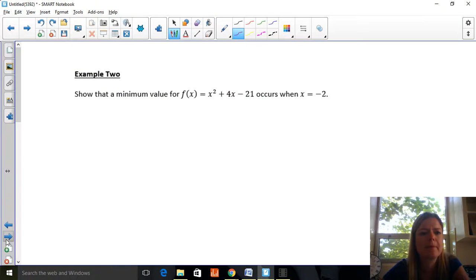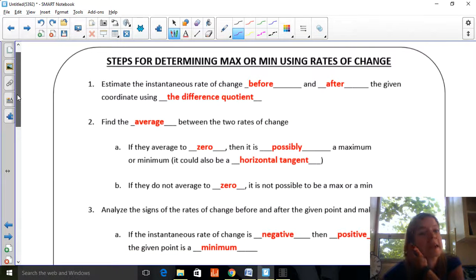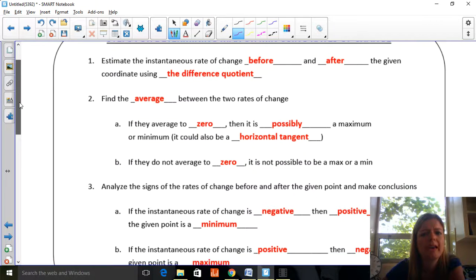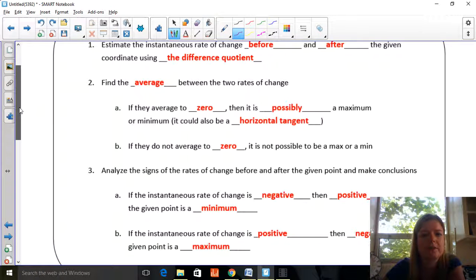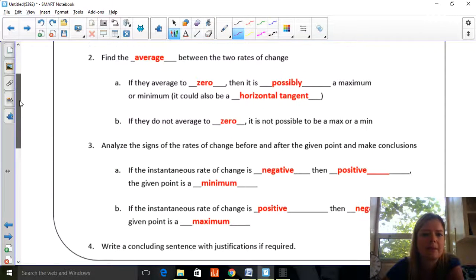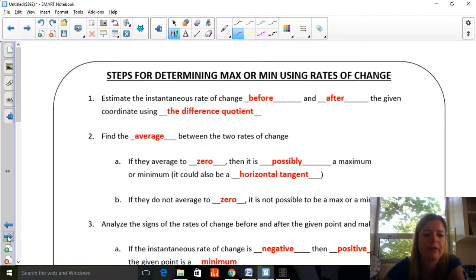So I'm going to do example 2 on a separate video. What I want you to do now is skip ahead and read through these steps for determining max or min using rates of change. These are steps that we just did. So make sure that you understand them and relate them back to the example. And then once you've done that, try example 3.